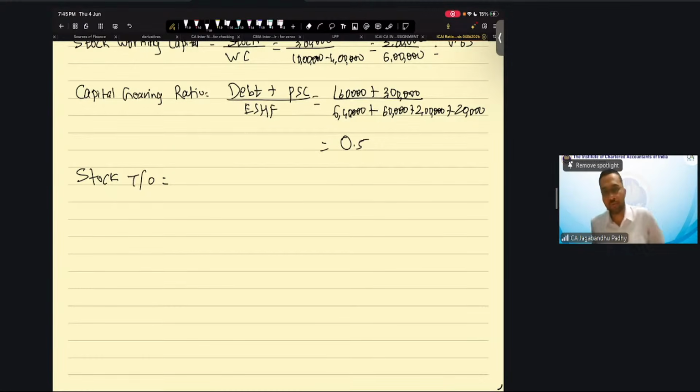Stock turnover ratio was COGS upon average stock, or inventory turnover ratio. Right.